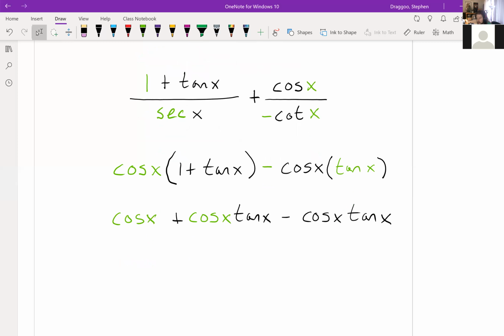And here we're basically done, right? Because that and that add to 0. So we're just left with cosine x.